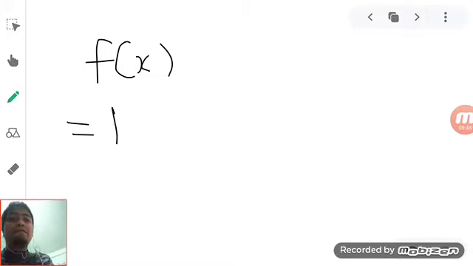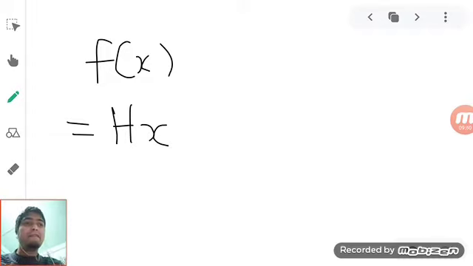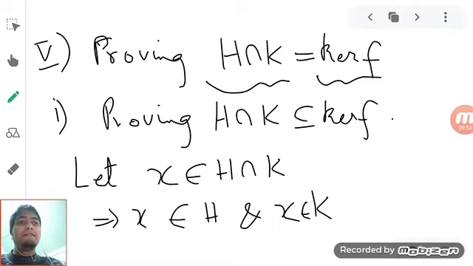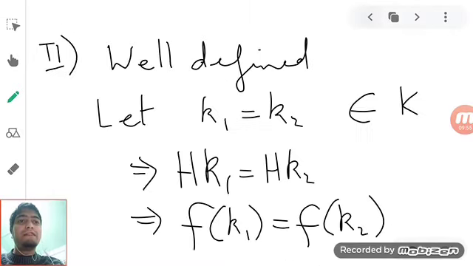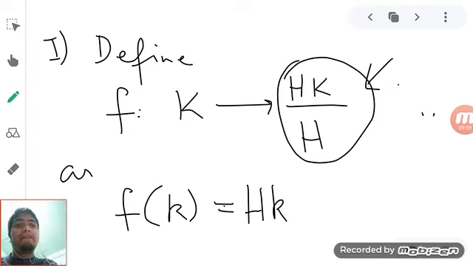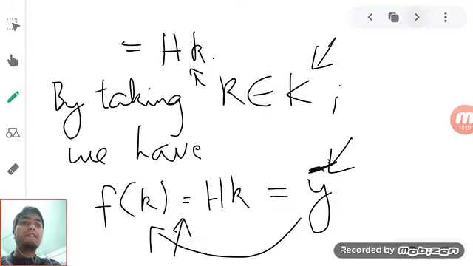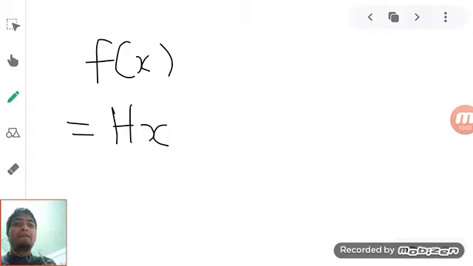f(x), how much will it be? According to the definition, it is Hx, right? Let's see the definition: f(k) is Hk, so f(x) will be Hx. So that is clear.